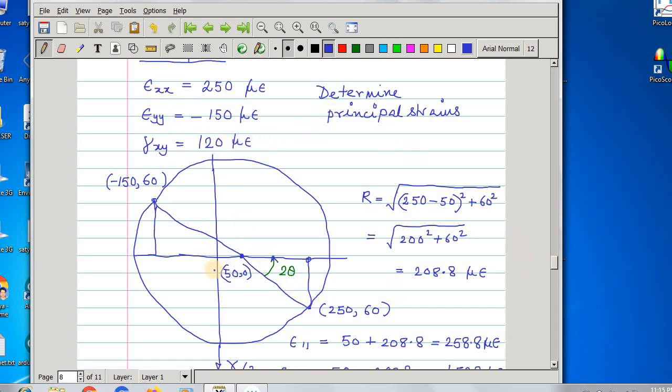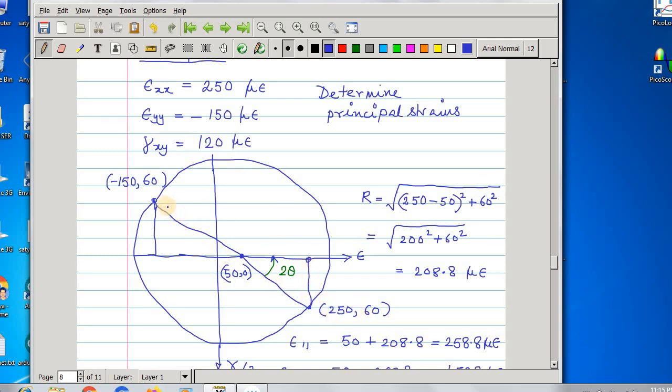So how to draw it? First the epsilon axis and the gamma by 2 axis. So on the epsilon axis, this is 250, and this is 60 because gamma xy by 2 is 60. Since this is positive, you have to go downward. So this is 250, 60.